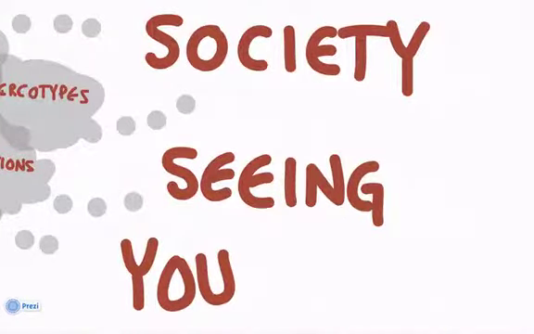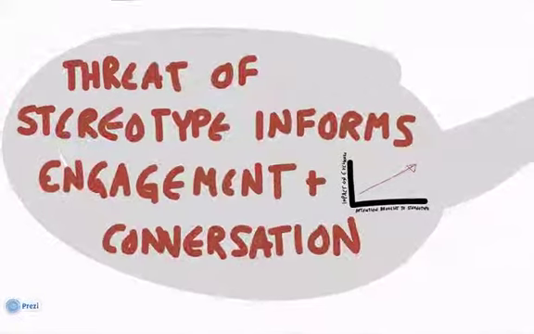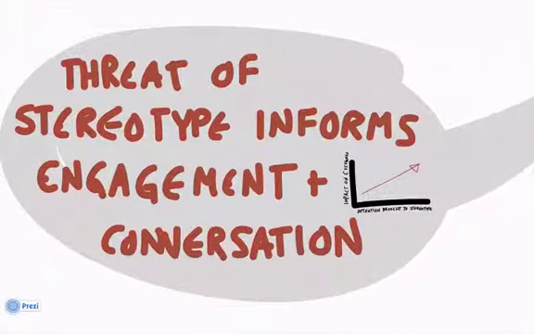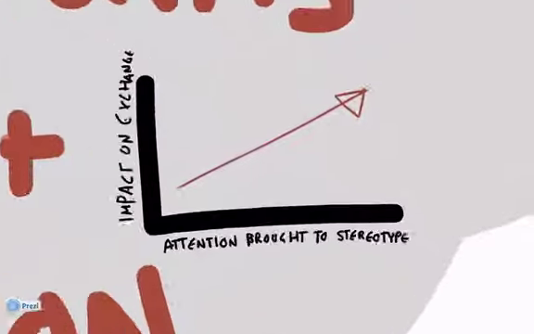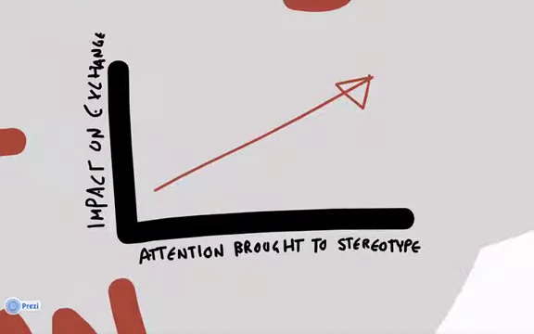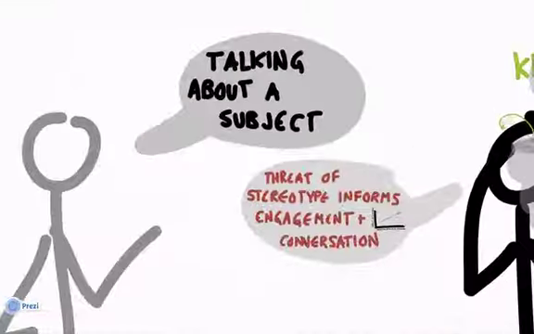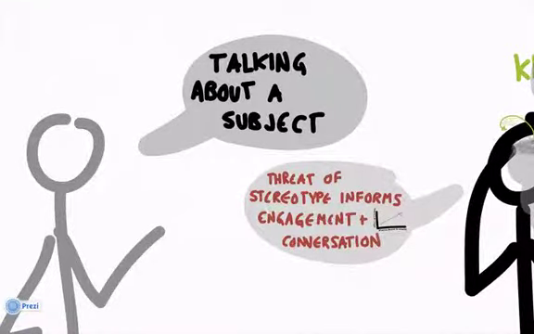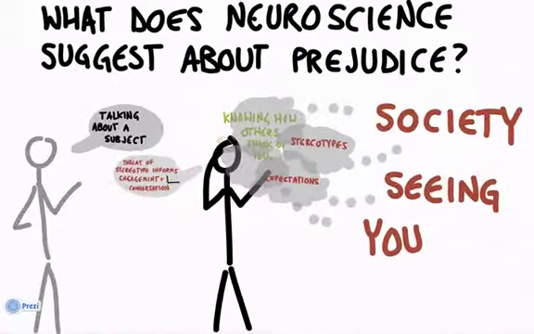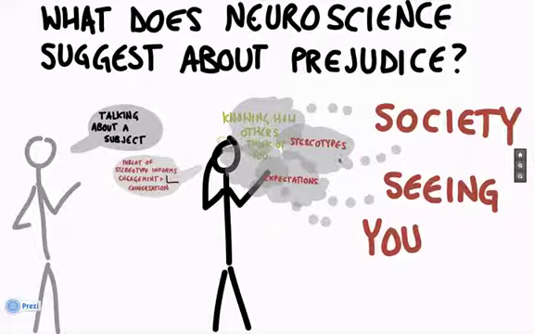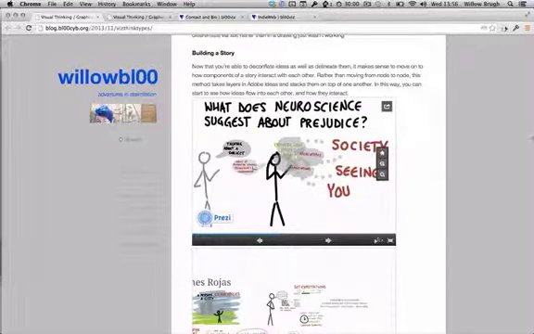And so you're so overwhelmed by how society sees you. The conversation you have is informed so much by the threat of stereotypes that you instead end up balancing that when the other person might just be trying to talk about a subject. So in this, you see the layering of ideas, how they've kind of stacked in on each other.